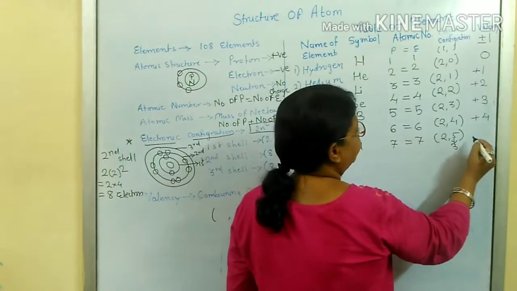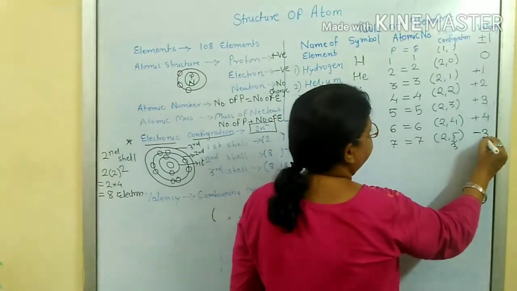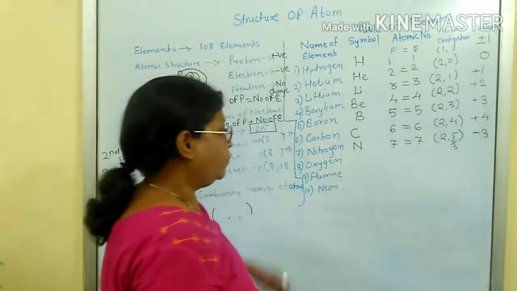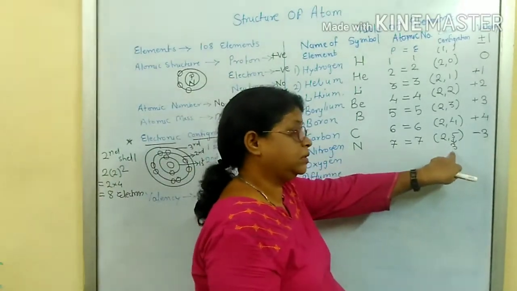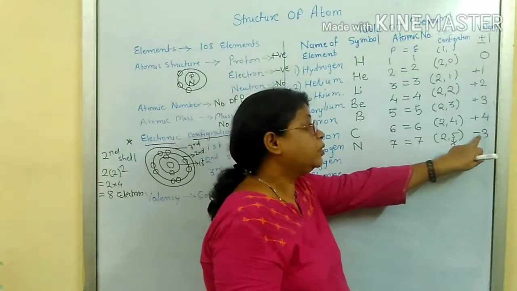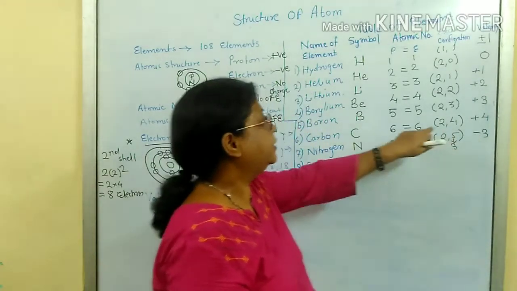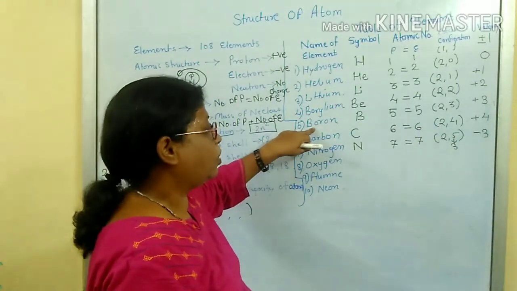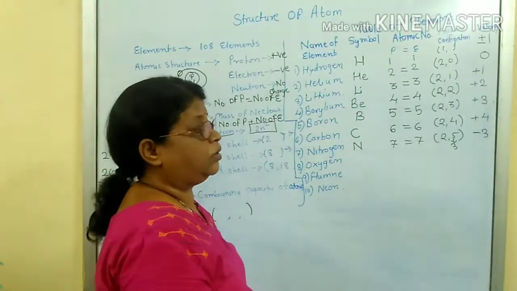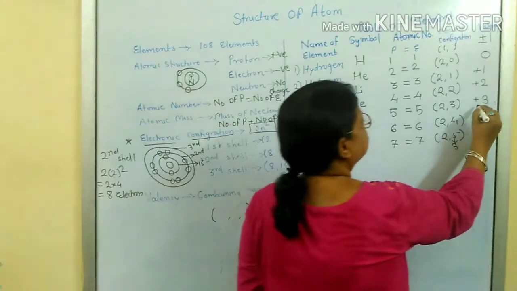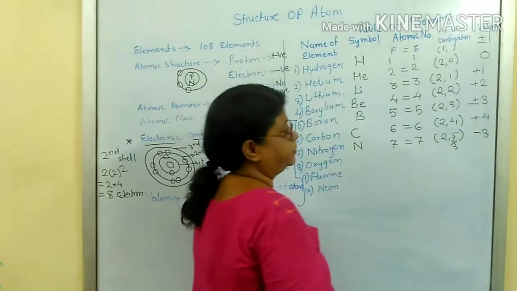So the valency of nitrogen is -3. So nitrogen takes 3 electrons, so it becomes minus. Otherwise, up to boron, they always give electrons, and that is why they become plus.